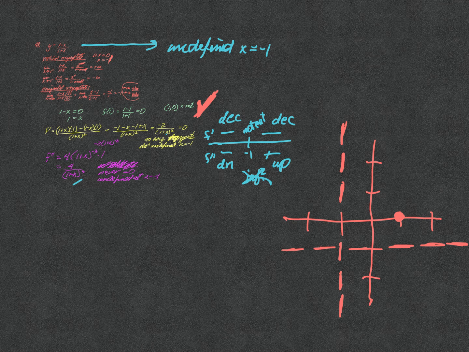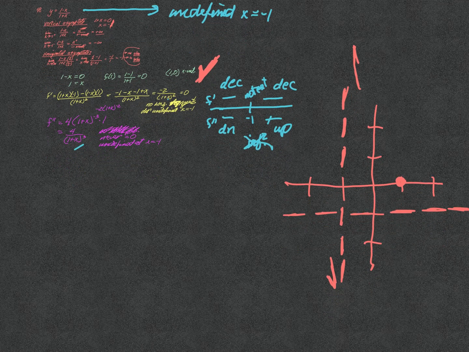Now, on the vertical asymptote, if we approach -1 from the right, we knew it was going towards positive infinity. So there's that part of the graph. If we were approaching -1 on the left side, we knew the graph was going towards negative infinity.